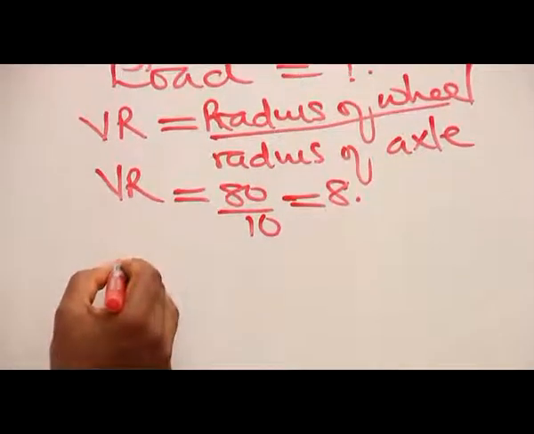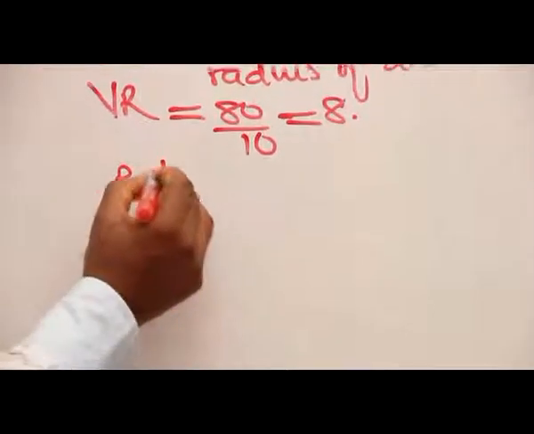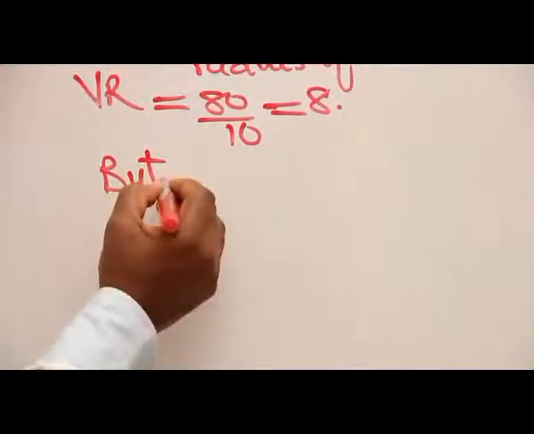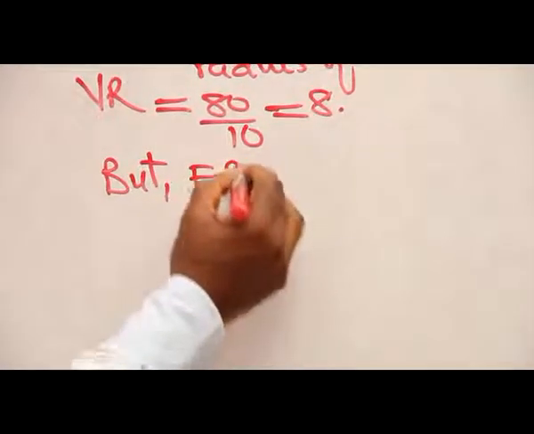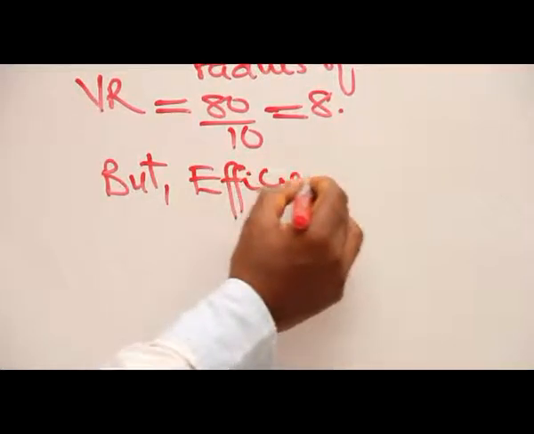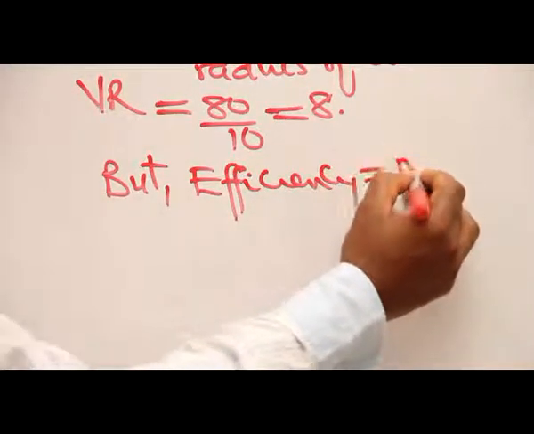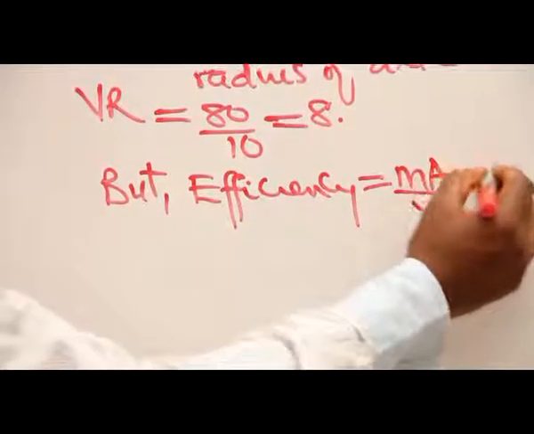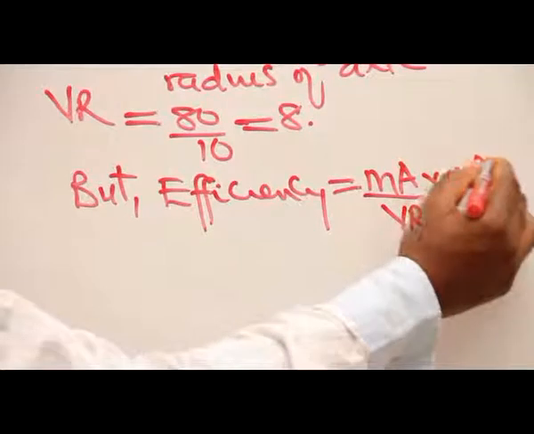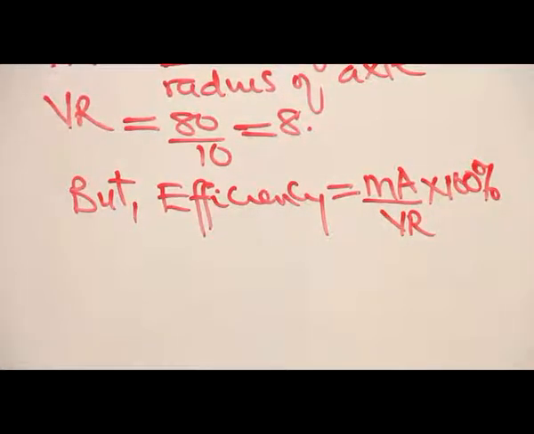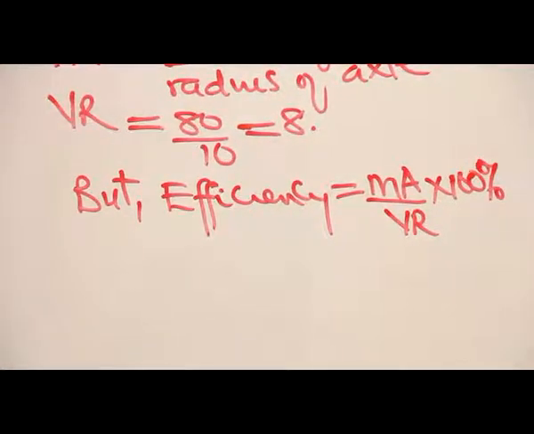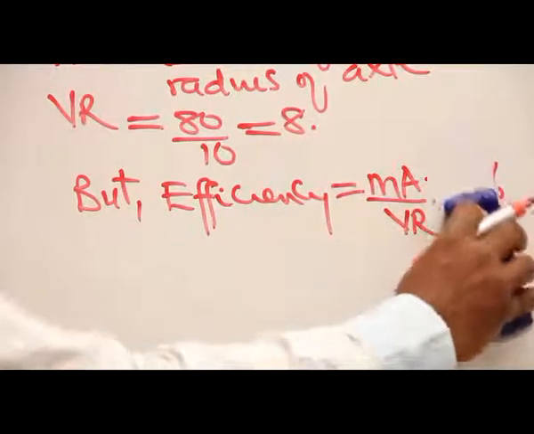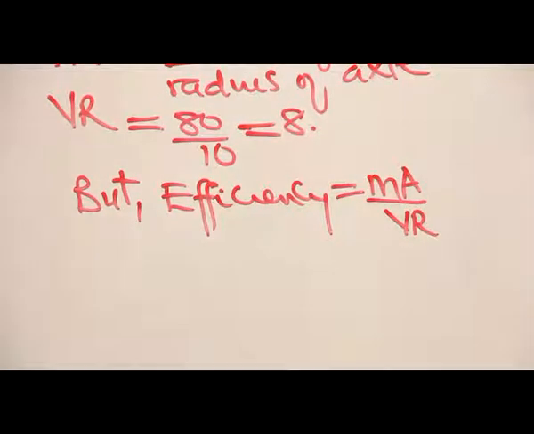But we know that there is a relationship between velocity ratio and efficiency. Efficiency is mechanical advantage divided by velocity ratio times 100%. Or we can neglect the 100% and use it as the ratio of the mechanical advantage to the velocity ratio.